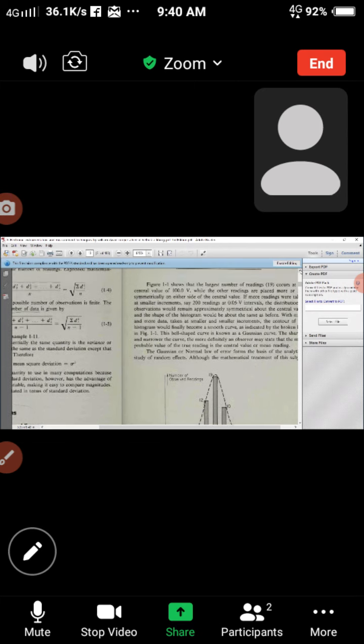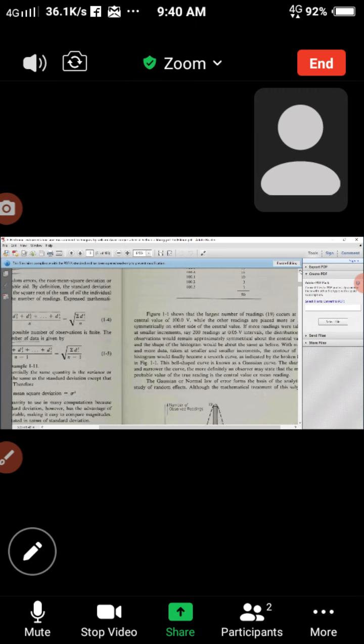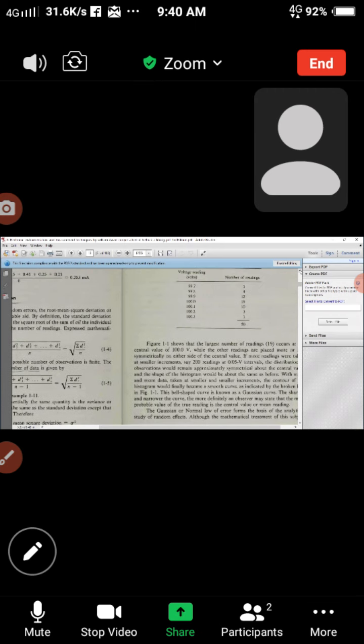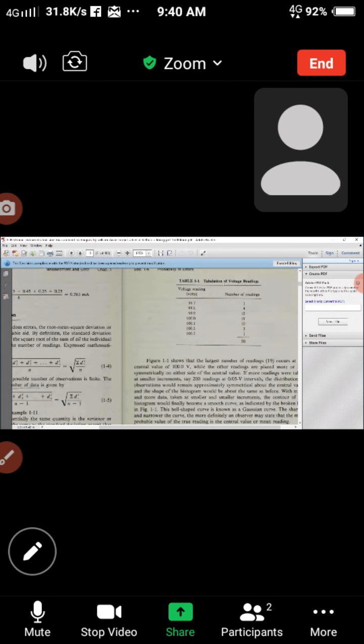As given in table also, you will find that there are voltage readings as follows.